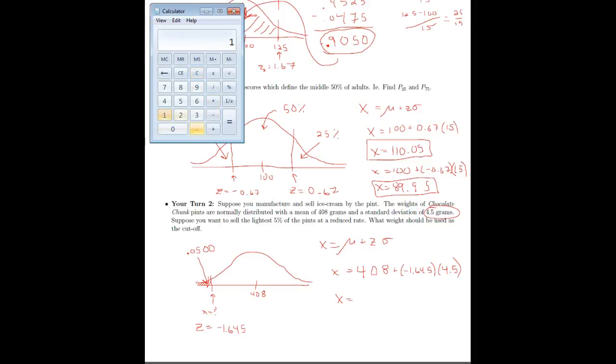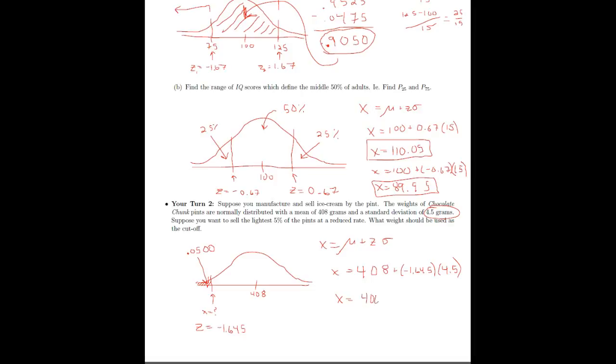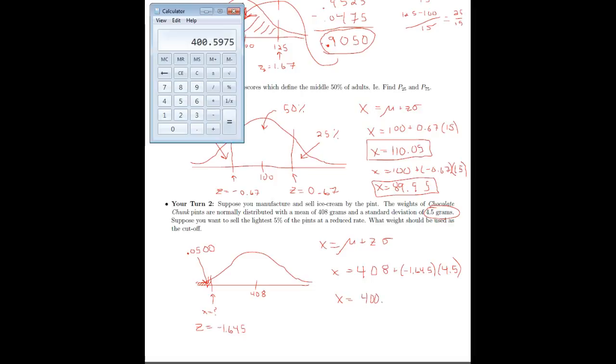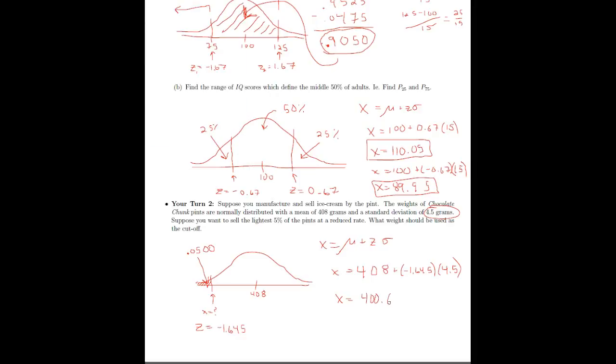Negative 1.645 times 4.5 equals that. And then you add on your 408. And we get a weight of 400.5975. I'm going to round this to 400.6. And that would be the weight cutoff that you would use to determine which pints you want to start selling at a reduced rate.